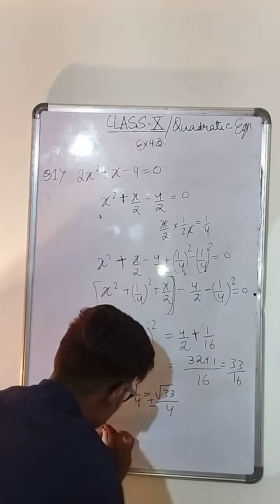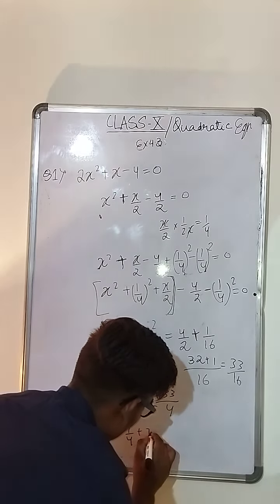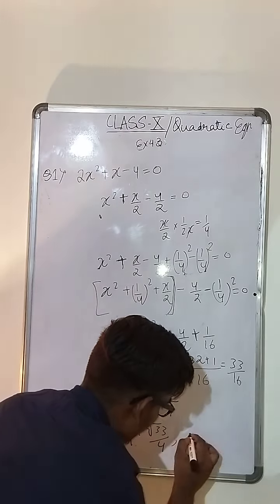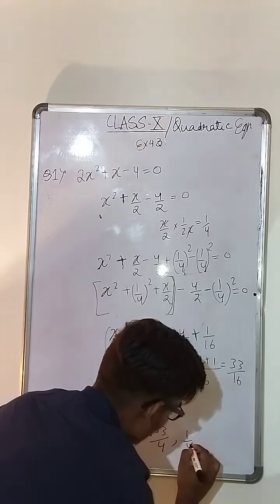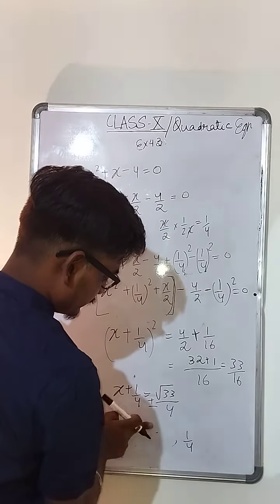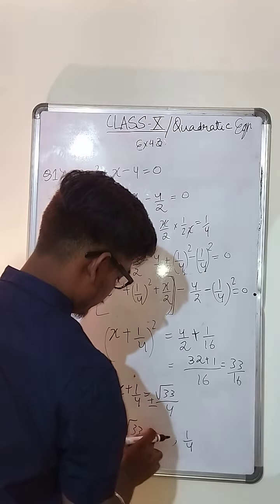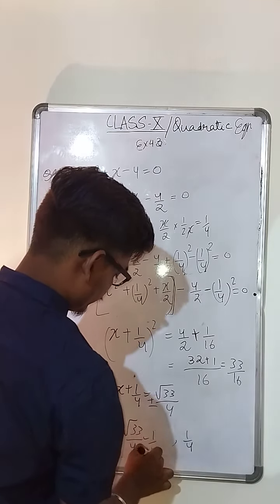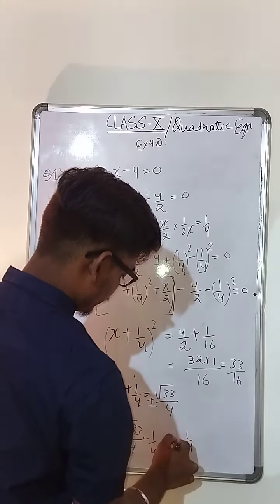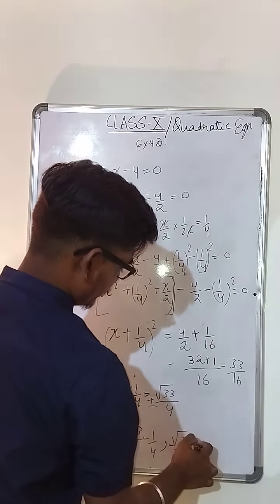So plus minus, so x equal to 1 by 4 plus root 33 by 4, and one will be 1 by 4, sorry, it will be root 33 by 4 minus 1 by 4, another one will be minus root 33 by 4 minus 1 by 4.